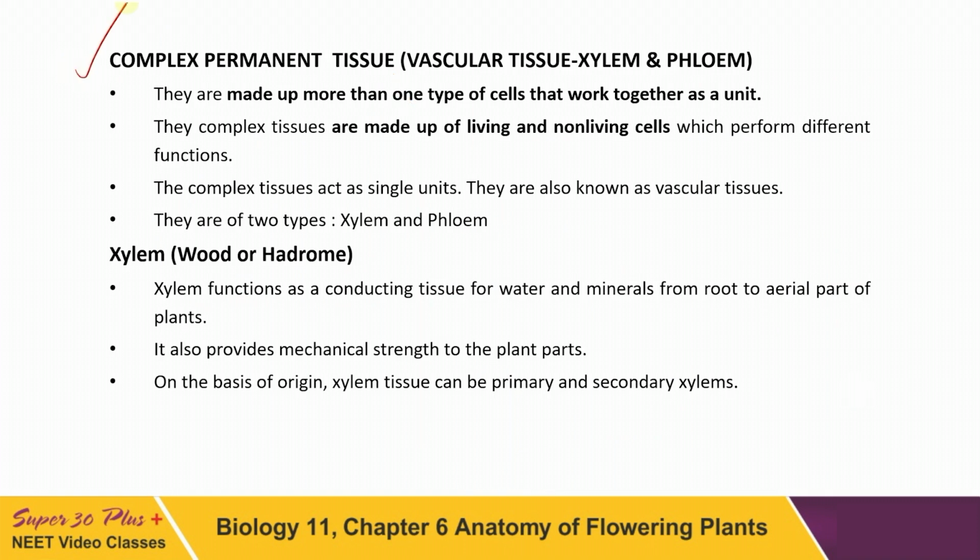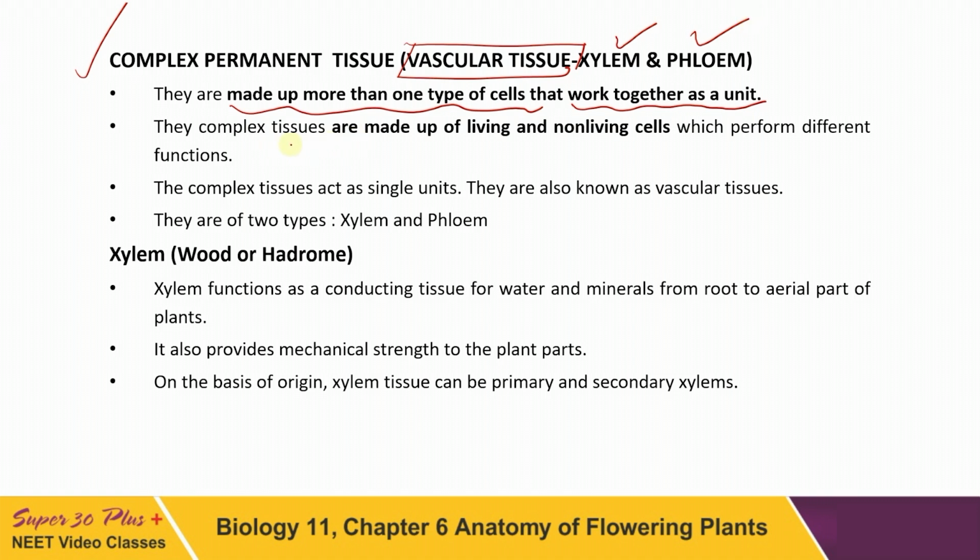We have to see now complex permanent tissue. What I told you in the beginning: the tissues which are made up of more than one type of cell. More than one type of cells are there, and all together they make one unit. Complex tissues are also known as vascular tissue, and in vascular tissue, we know one is xylem, one is phloem.